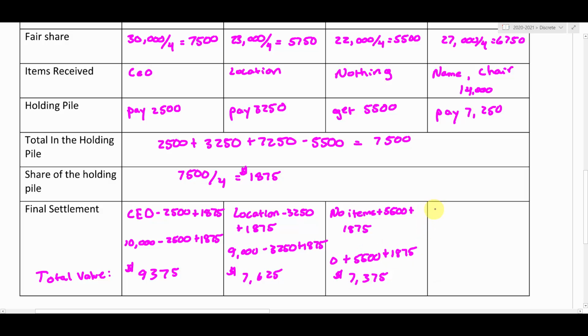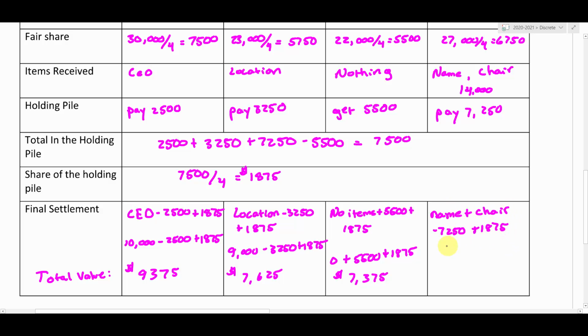All right, last one here, Graphics. They got the name and the chair. So they got name plus chair minus, they paid $7,250. So I'm going to say minus $7,250 and plus $1,875 for their share of the remaining cash.